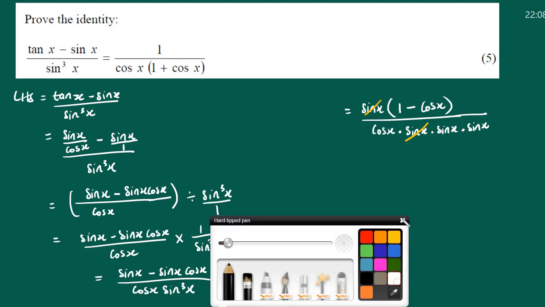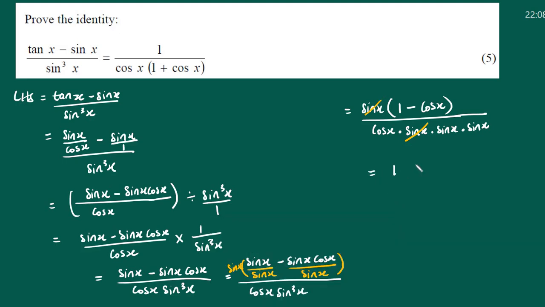Then you would be left with 1 minus cos x divided by cos x. And then remember the sine and sine, what do you get? You simply get sine squared x, isn't it? You get sine squared x.